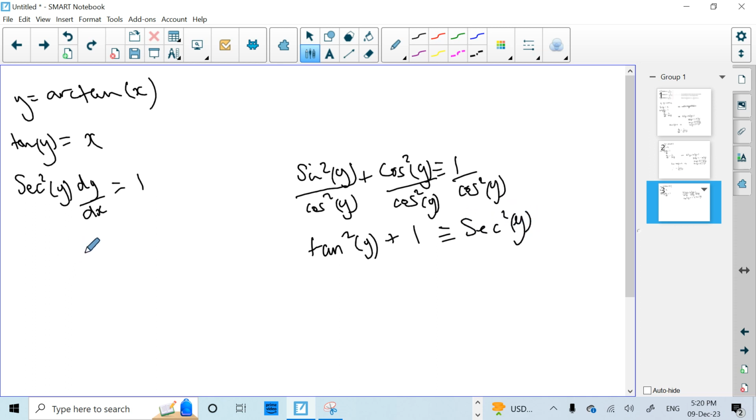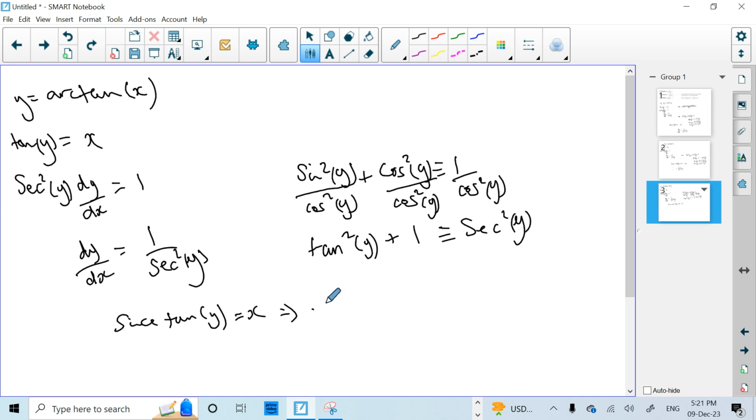So completing this, getting dy/dx by itself, dy/dx is equal to 1 over sec squared y. Since tan y is equal to x, I substitute that in for tan y, so that gives me x squared plus 1, which is equal to sec squared y.